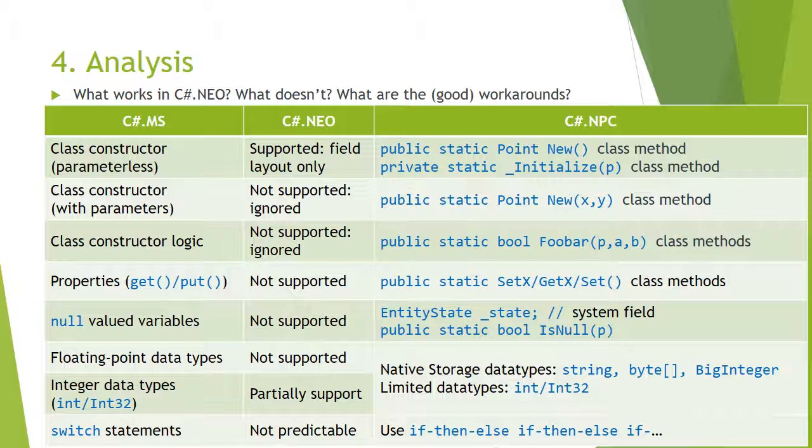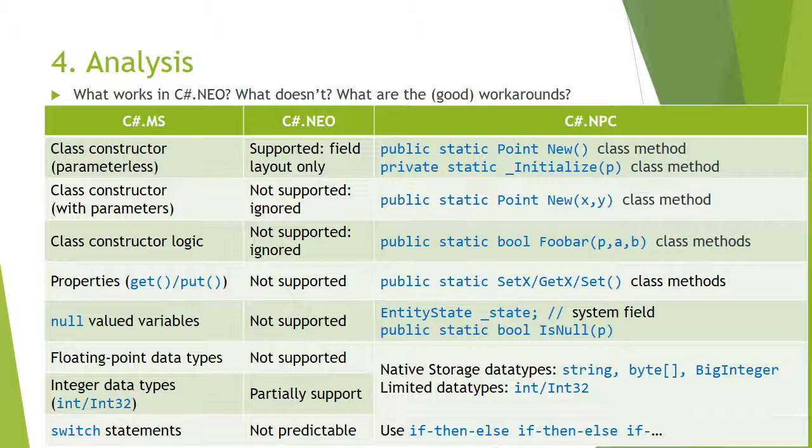So going back, we're going to go across the rows now. Class constructors, parameterless class constructors, are supported, and I say only for field layout. So it's only the members within a C# class that are actually recognized by the Neon compiler.